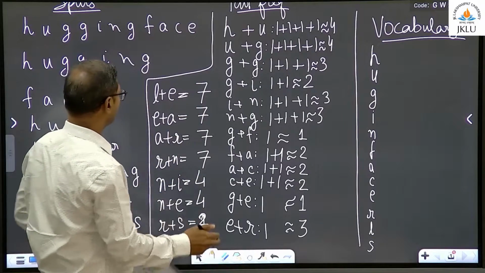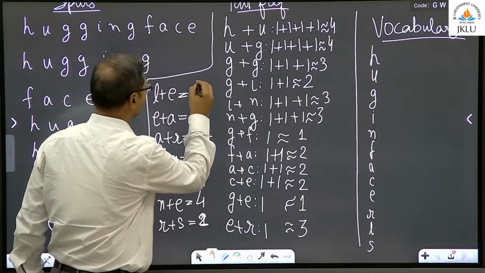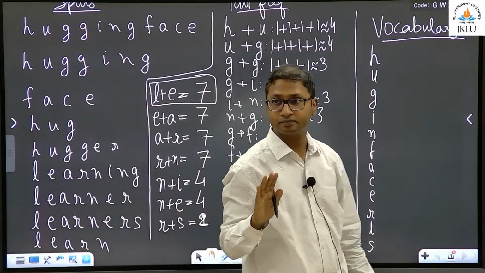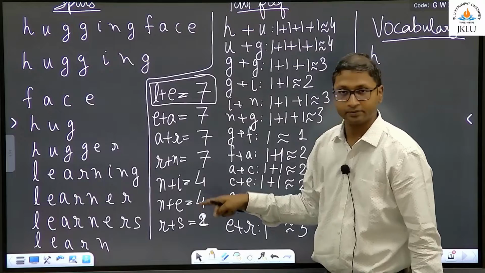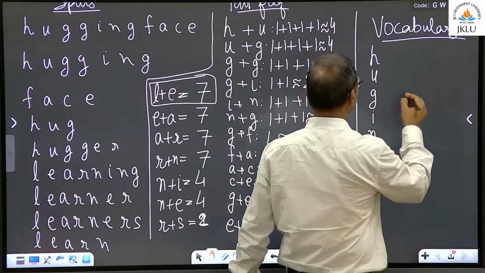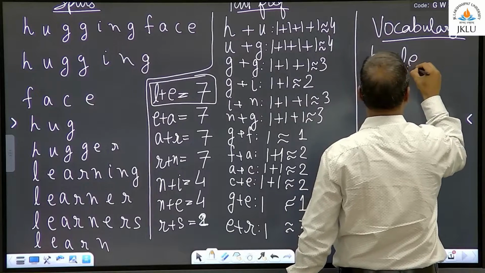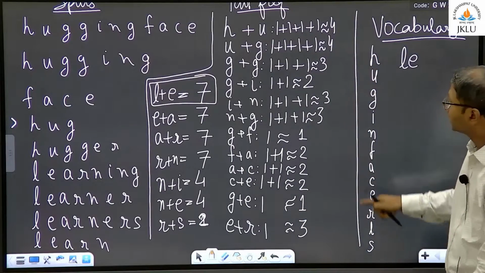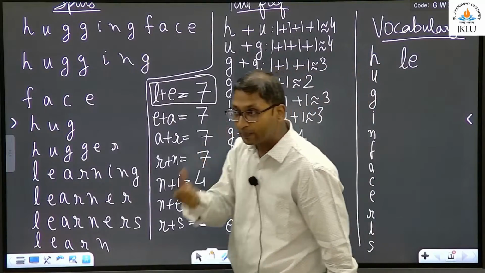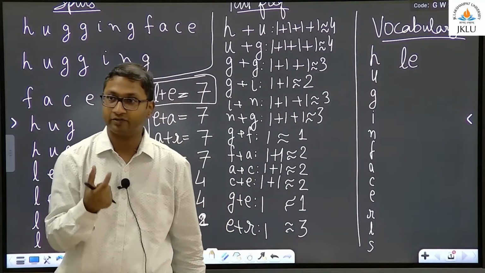This is how they are doing it. Number 7 is the highest. You choose that. So this becomes part of my new vocabulary. I have the original vocabulary, and LE gets added. So LE is a separate token in itself now.